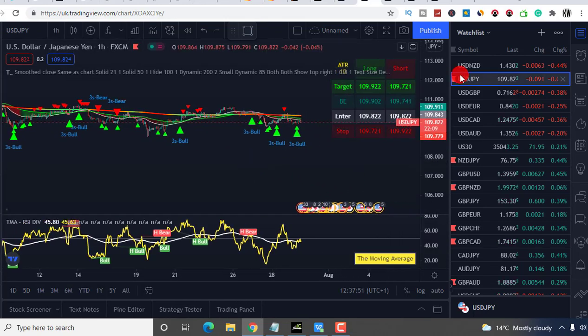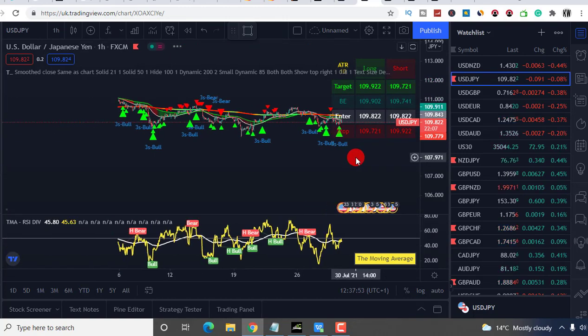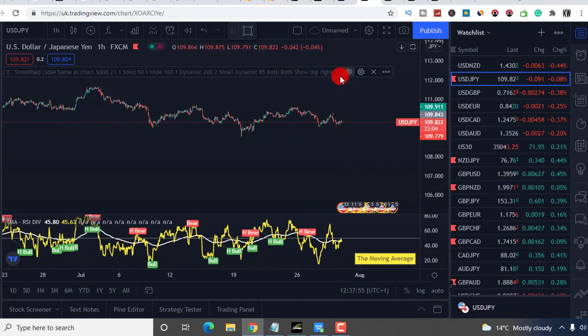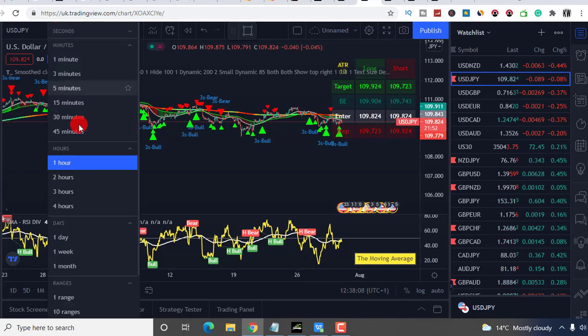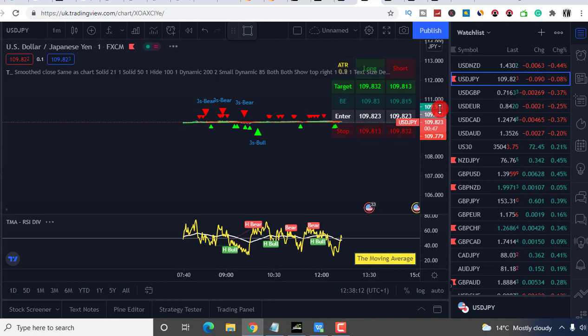In an hour time frame, another time frame as well, price is dropping. If I go to 1 minute time frame now, see what we have here.